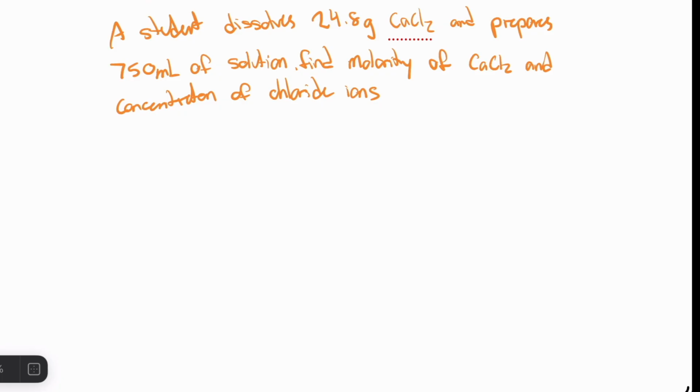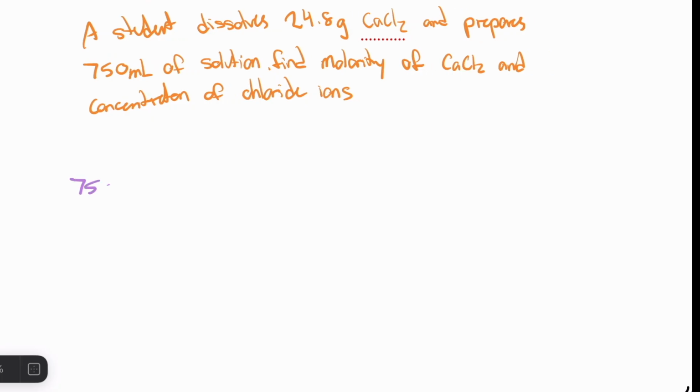We know we need our volume to be in liters, so we can quickly do 750 milliliters times 1 liter over 1,000 milliliters to get 0.75 liters. And again, we're not given moles explicitly, but we are given grams.